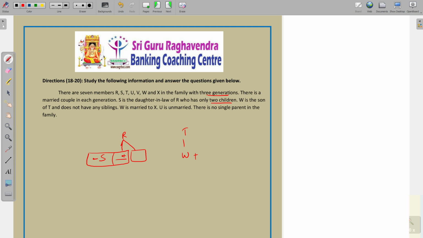Next, W is married to X. He is married to X. This guy is female. U is unmarried and there is no single parent in the family. So let's mix these two once. W is son of T. Suppose T is placed here, W is the child of S and T, and W is married to X. X is the female candidate.